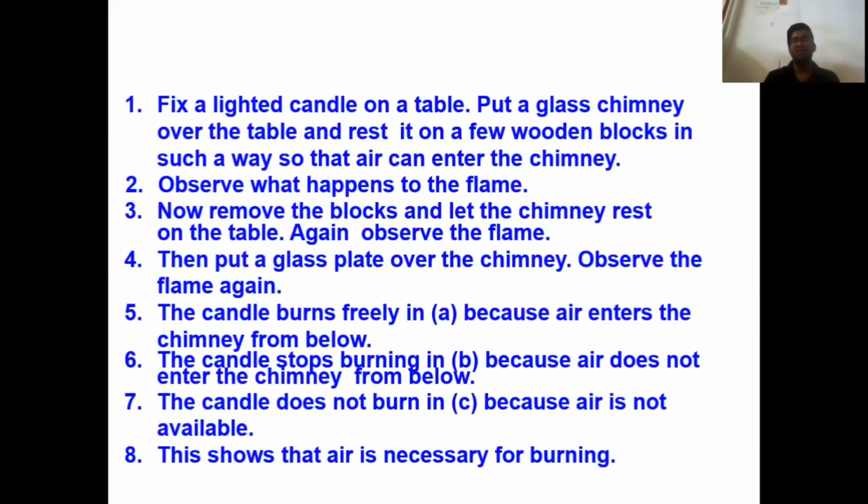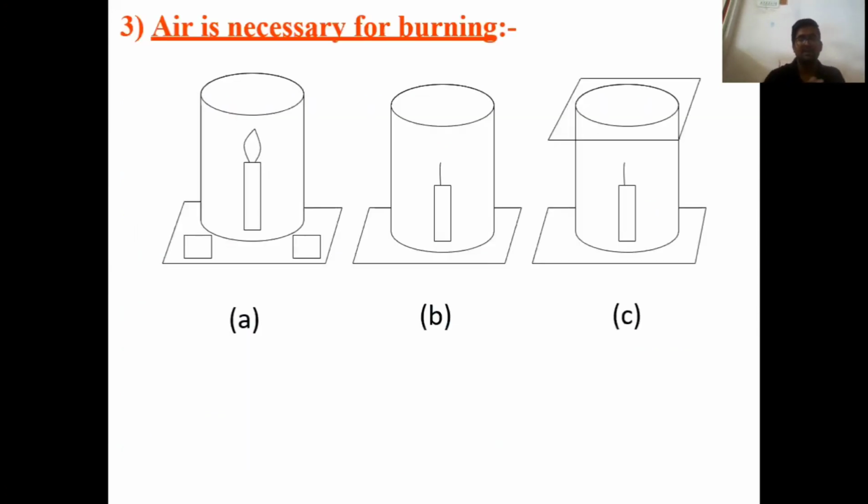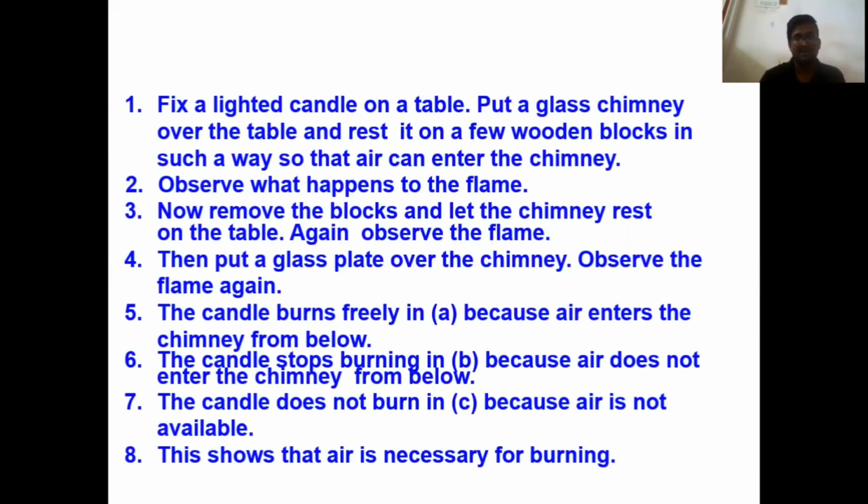Now remove the blocks and let the chimney rest on the table. Again observe the flame. Here in figure B, the candle is not burning. Now put a glass plate over the chimney. Observe the flame again.